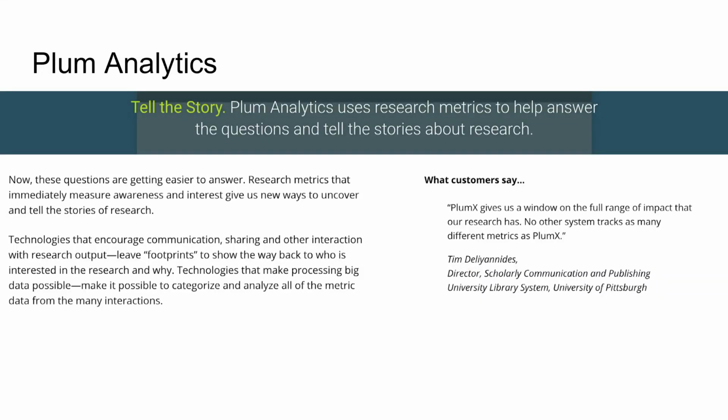We see another example here of another company in this space, Plum Analytics. What we see here is what they call the plum print, like we had the Altmetric donut or the Altmetric badge.